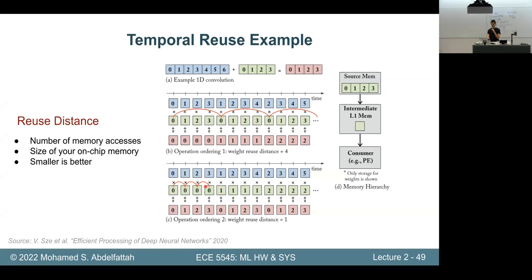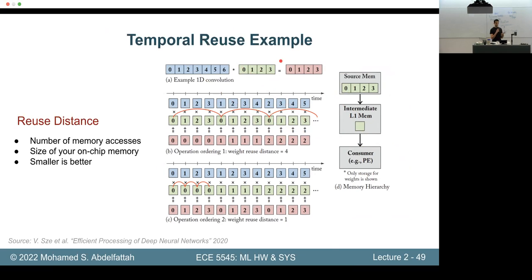And so what impact would this have, right, on my hardware system and on my memory hierarchy? So can people venture a guess? So if I have a large reuse distance, what's the problem? Why would I want a smaller reuse distance?